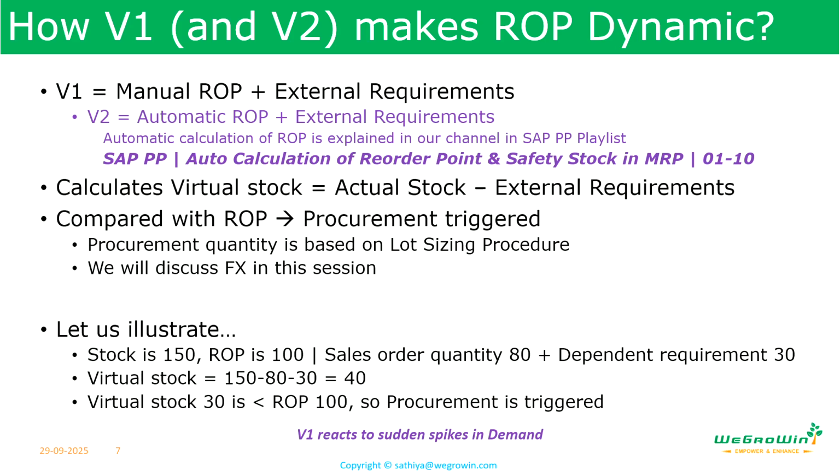There are requirements from a sales order of 80 units and a dependent requirement of 30 units. So the total requirement is 110. In this condition, the virtual stock is 150 minus 110, that is 40. This is below reorder point 100 and a procurement proposal is triggered. This makes the reorder point dynamic because the system reacts before shortages physically happen.